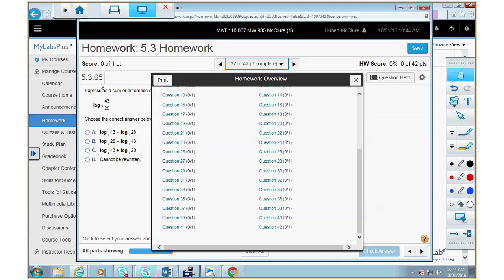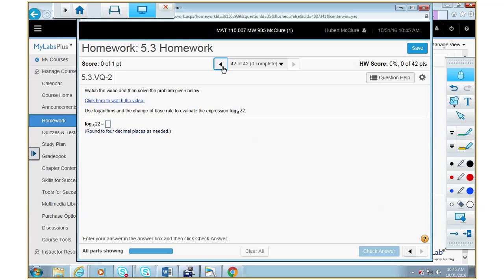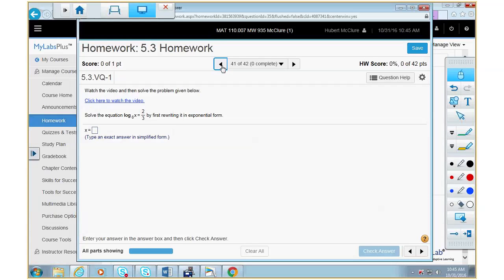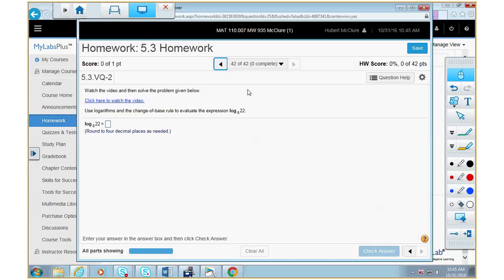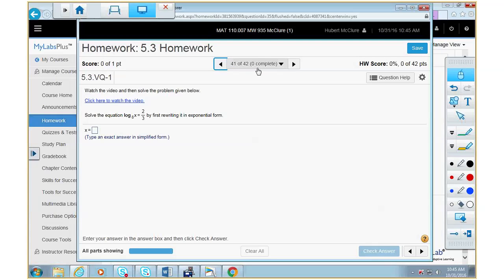It says 65. What number is it? 27. 27 to 42. Let's see what 42 looks like. Yeah, 27 to 42. Those are the ones I want you to harp on, because those are the ones you're going to be tested on. The other stuff is just calculator stuff and setting the inside equal to 0 to find what's positive and what's negative. I'll do one of those while I'm at it.